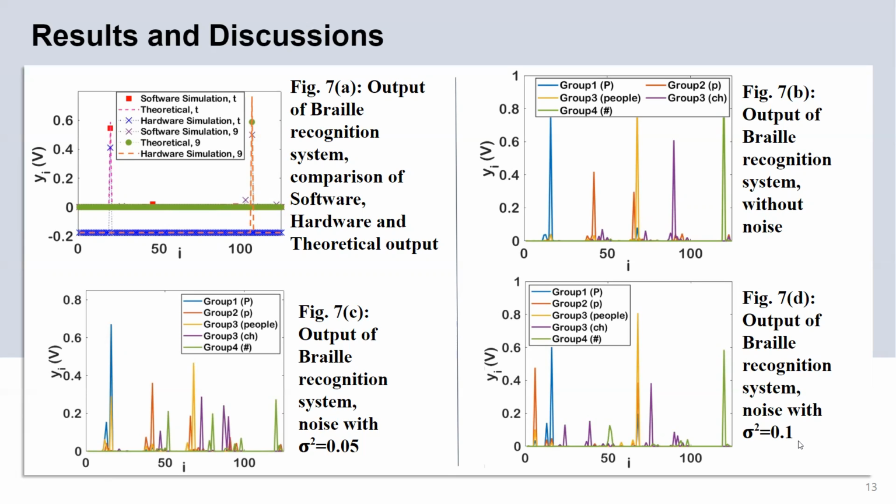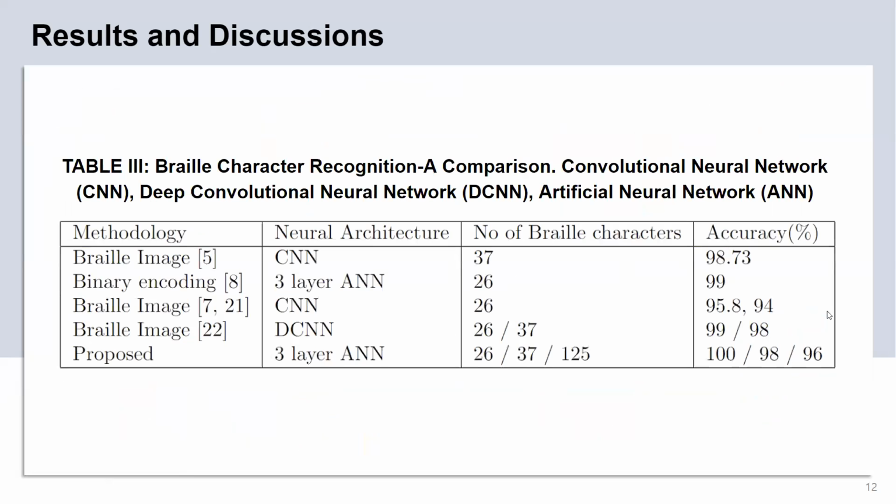From 7C and 7D, it is clear that as the noise increases, the false detection increases and the detection accuracy reduces.